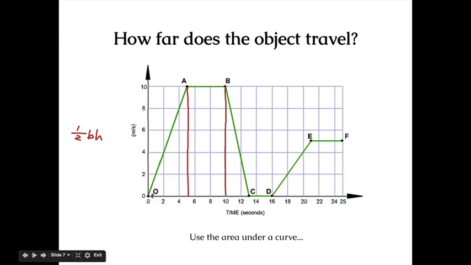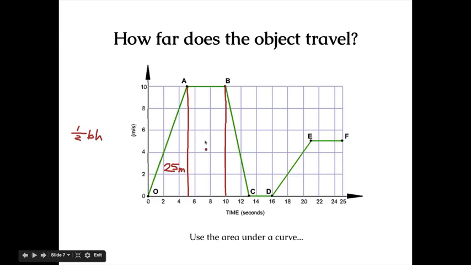So under here, what you'll notice is that the base is 5 and the height is 10. So that would be 50. But we want half of that because it's a triangle. So what we would know is that underneath this curve, we have a total of 25, and that's going to be the distance traveled by the bus from point 0 to point A. It's 25 meters.